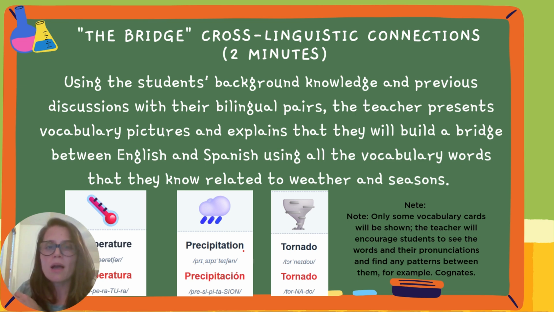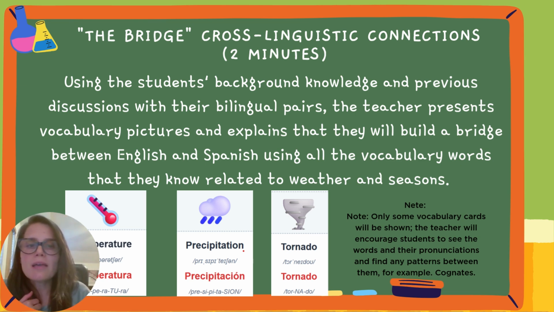For example, I just have three examples. Of course, we can bring maybe two or three more, but the idea is just to present some, because the point here is that the students will complete this list of words by themselves.